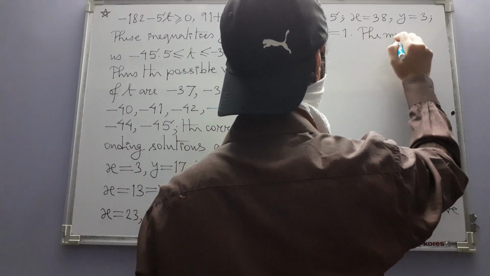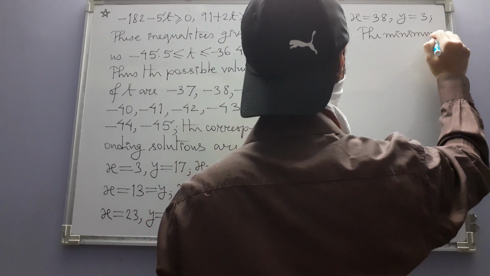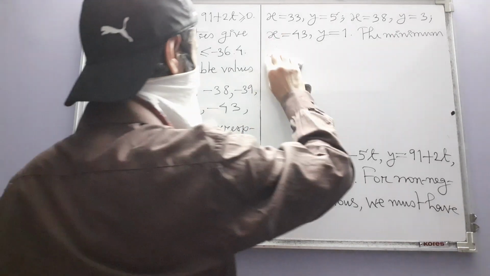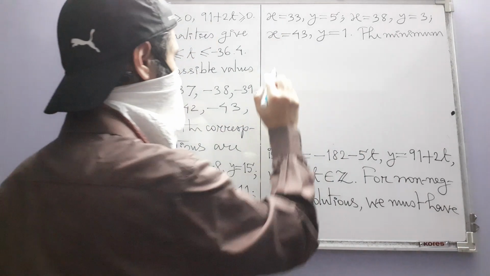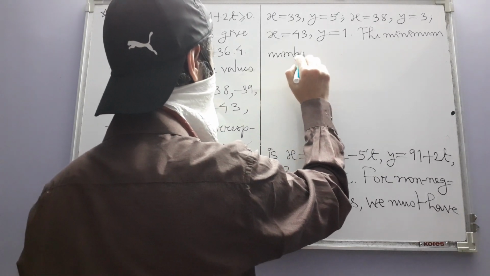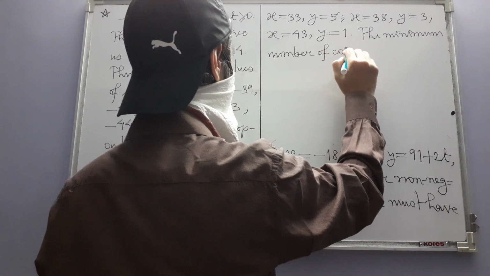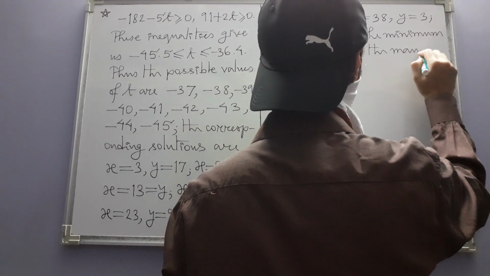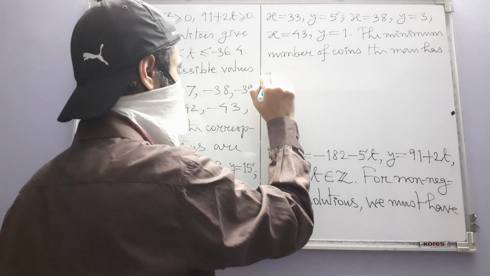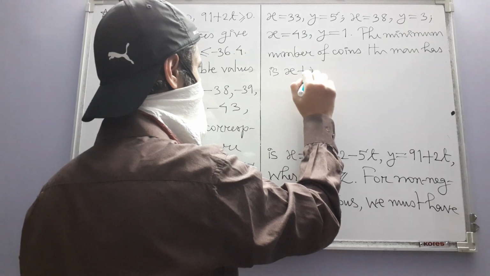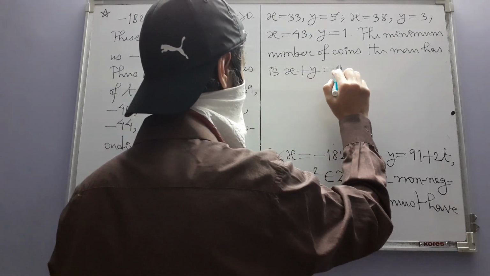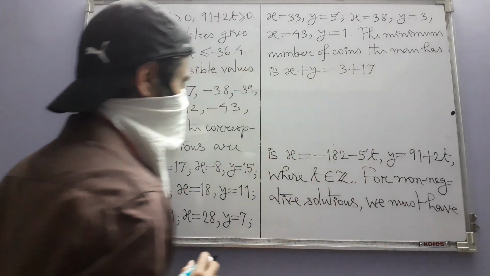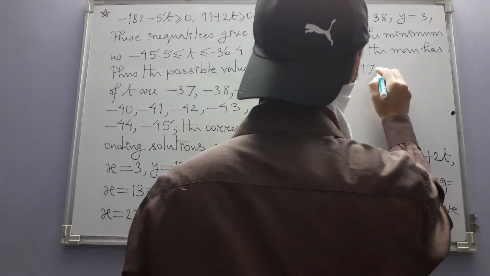The minimum number of coins the man has is, to show where this is coming from, we are writing 3 plus 17.